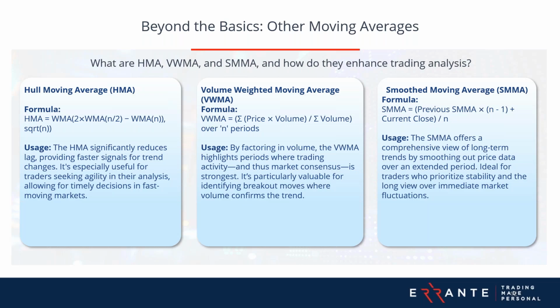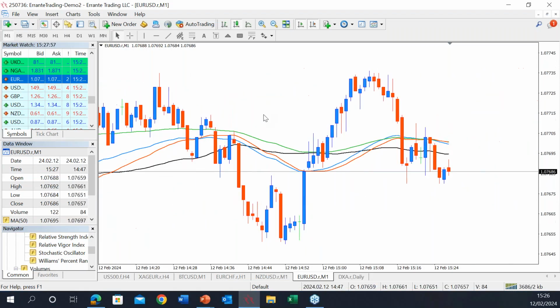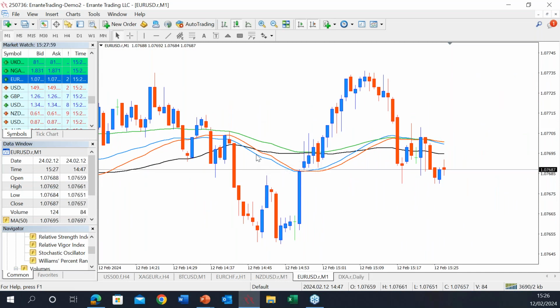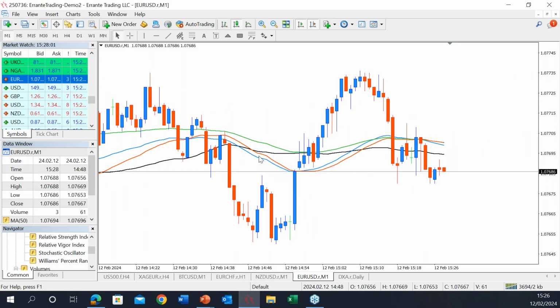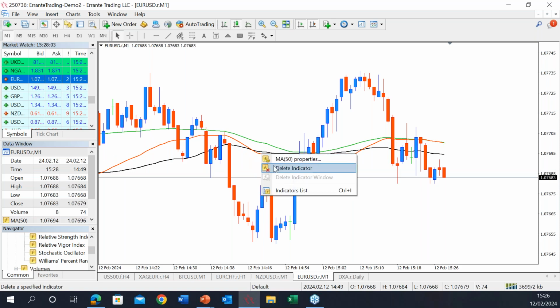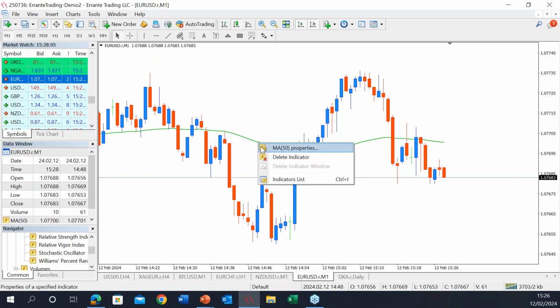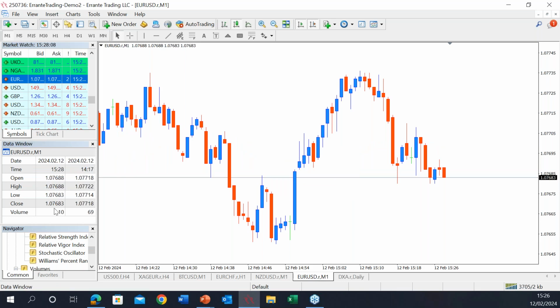But for those who might be new to applying these tools, let's take a look at MT4. You see here I have a chart. Let me just clean it up a bit and then reapply all the moving averages again together.